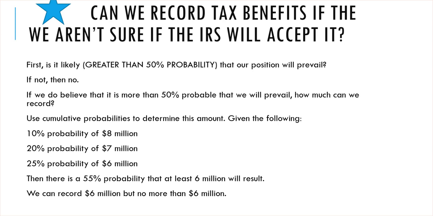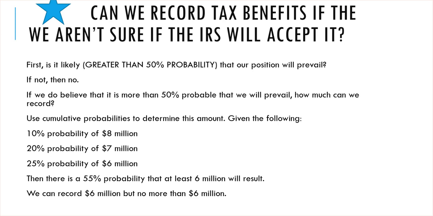If we could get a number that is exactly a cumulative probability of 50%, so if I could come up with some number between the 6 and the 7 that would get me exactly at a cumulative amount of 50%, then I could record more than 6 million.